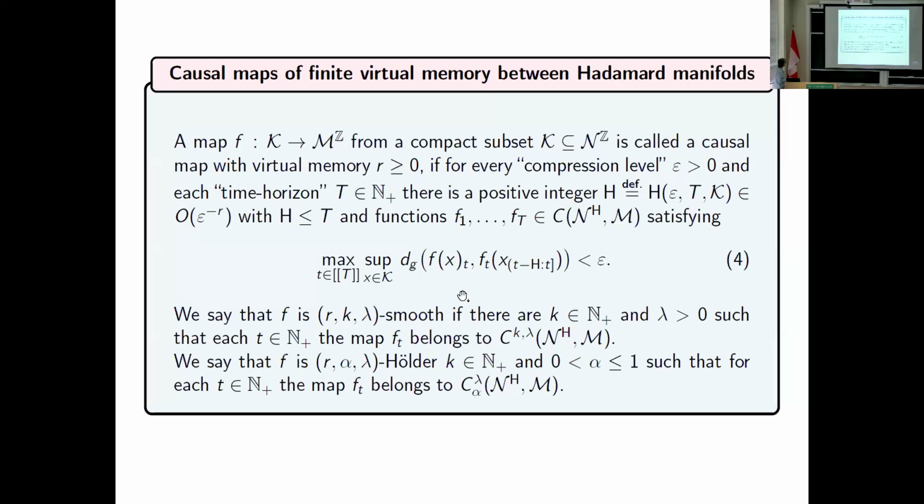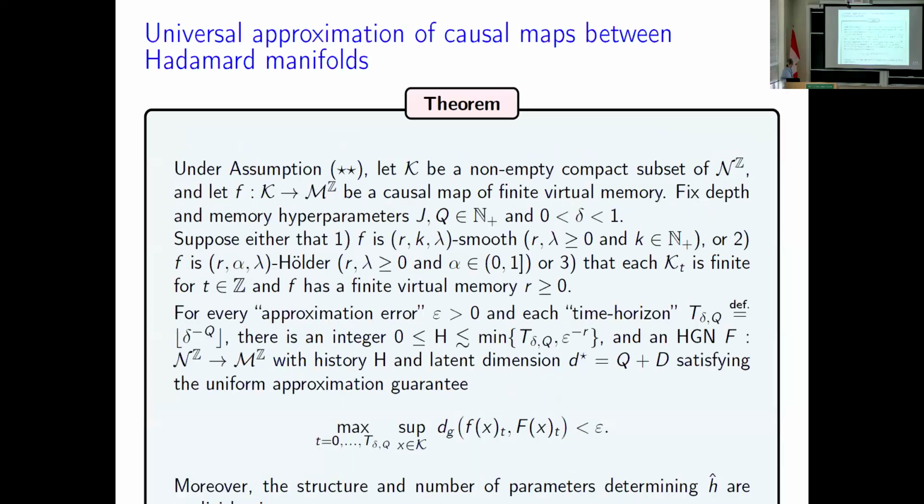Okay, so this is the map that we are able to approximate, and this is the theorem that defines these universal approximations.